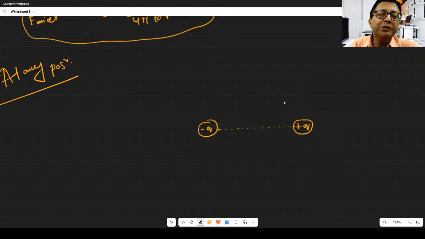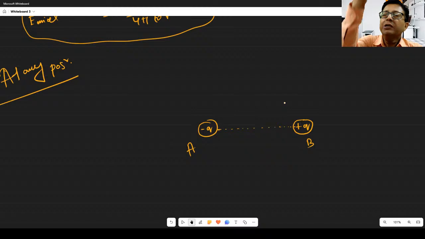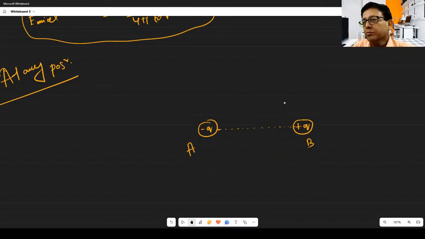At any position means it is not on axial. If axial, then we got the formula. It is not on equatorial. If it is equatorial, then also you know.